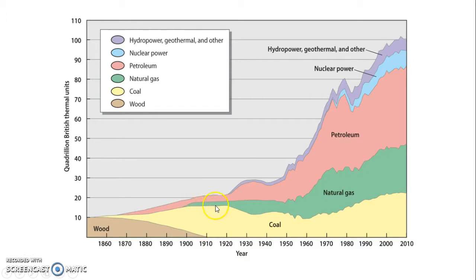Natural gas comes in the early 1900s, and hydropower, which is energy generated by rivers and dams, comes in the 1930s.